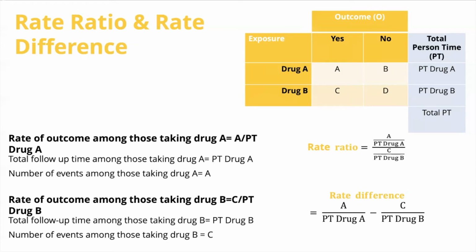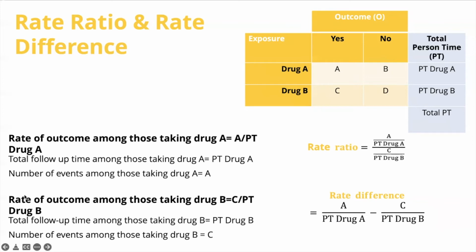They just have incidence rate ratios and then associated adjusted hazard ratios, which I will describe later on. So in order to calculate the rate ratio and the rate difference, first you're going to calculate the rate of the outcome among those taking drug A, which is A over the total person time of follow-up among those taking drug A.